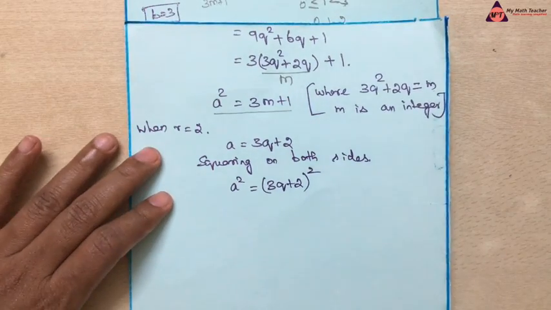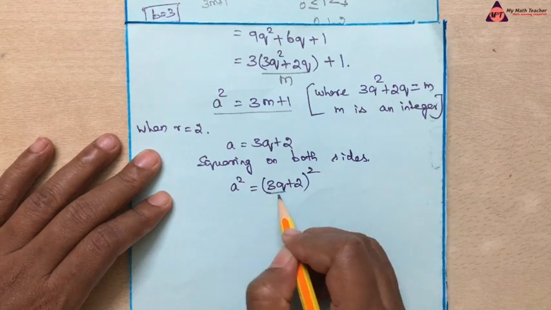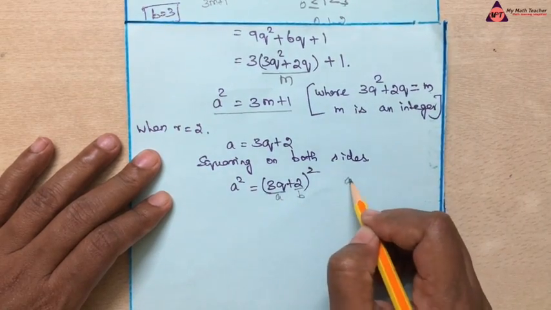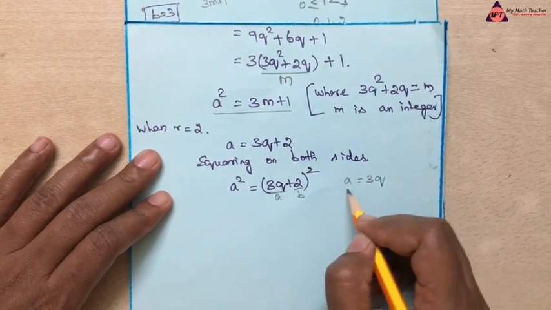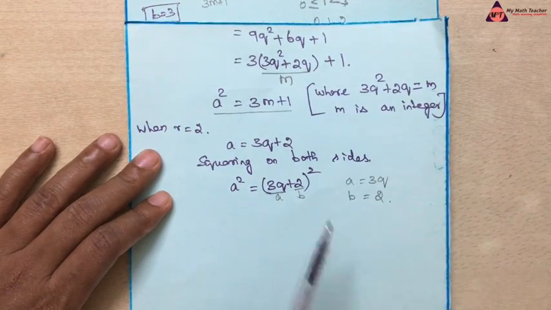Now the same formula, a plus b the whole square formula. Now this is a and this is b. A is equal to 3q and b is equal to 2. Okay. Now apply in the formula.